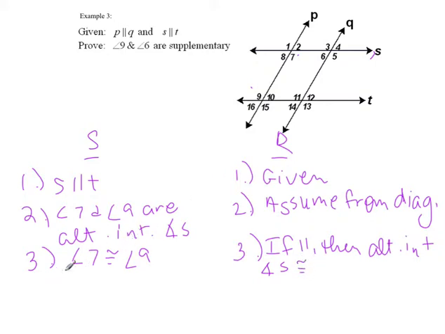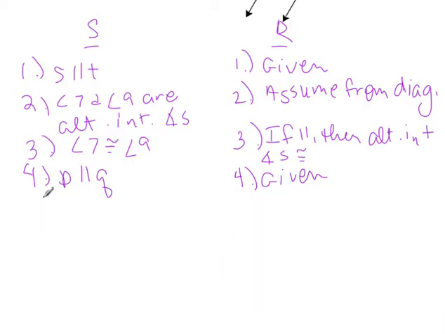All right, now I know that. The next thing I need to say is angle 6 and angle 7 are supplementary. In order to do that, I need to know that P and Q are parallel. So that's given. All right, angle 7 and angle 6 are same side interior angles, so I'm going to say that. That is assumed from diagram.